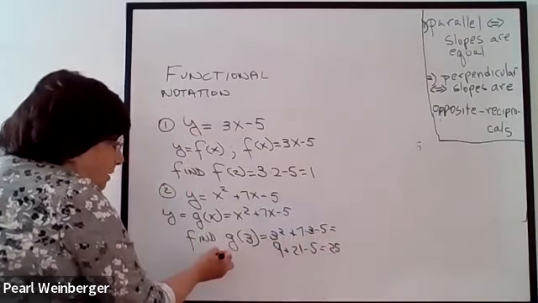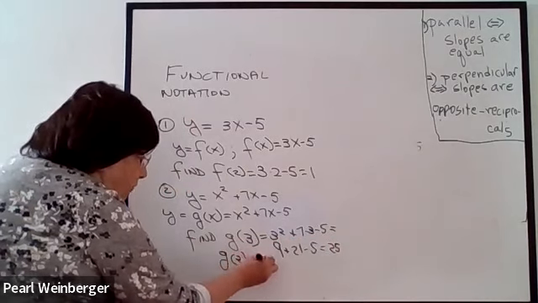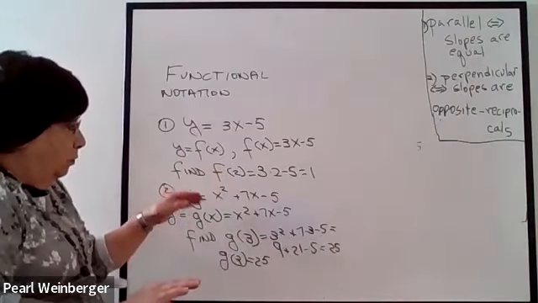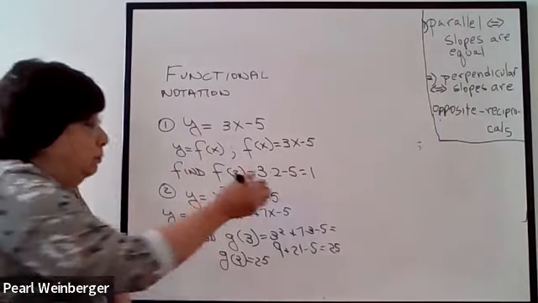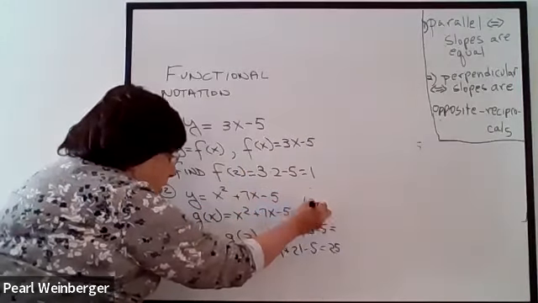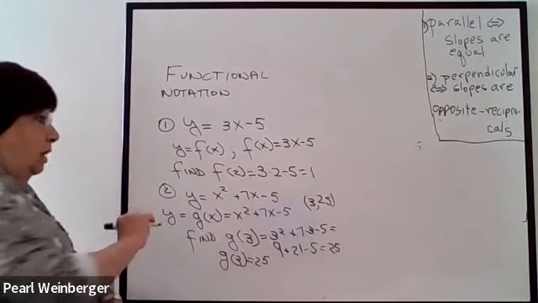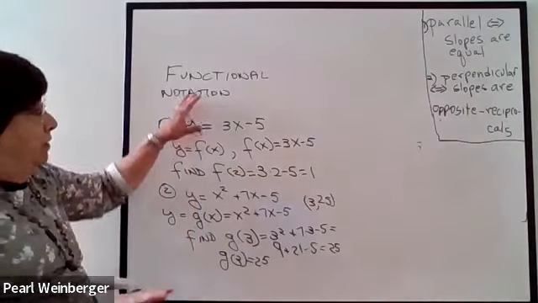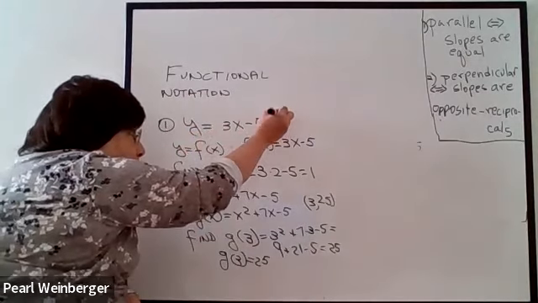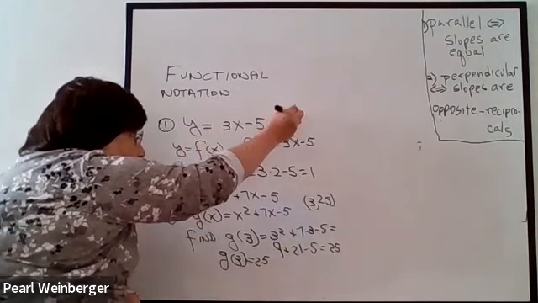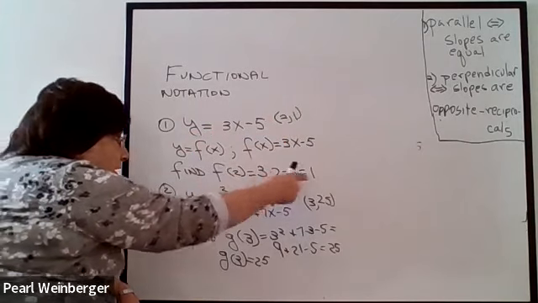So we could say that g of 3 equals 25, which is equivalent to saying that one of the points on the graph is the point (3, 25), on the g graph, which we didn't even graph. On the f graph, which is this one, one of the points is the point (2, 1), because when x is 2, f of 2, the y, equals 1.